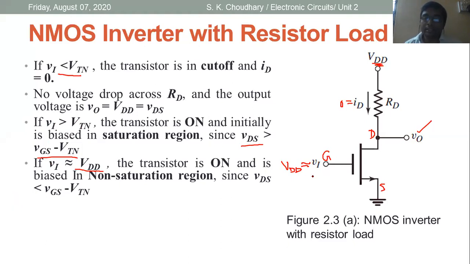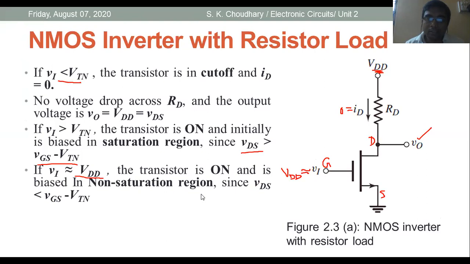At that condition, VDS is less than VGS minus VT, because VGS is equal to VDD.